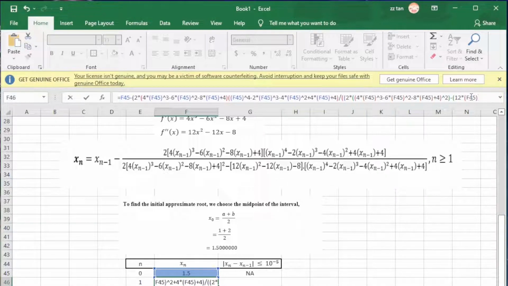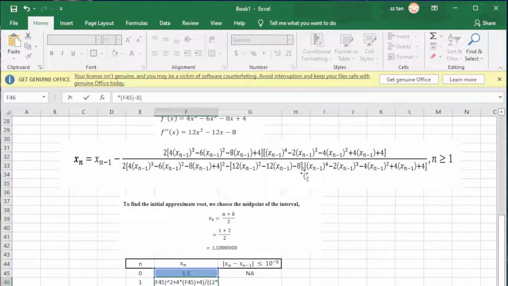Times x naught square. Okay, and then we minus 12 x naught. Then minus 8. Close bracket.